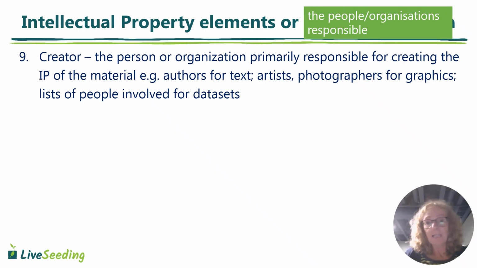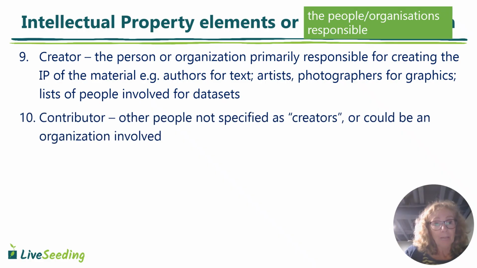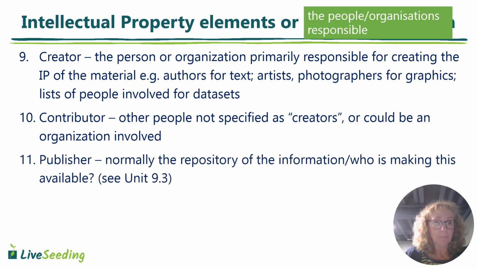But again, if it's data sets, it could be a number of people that were involved in creating that data set. So you could list more than one person. And then other people you could also list as contributors, not specified as creators, or it could also be organizations. So it could be names of a few individuals and then some organizations that were involved as well.